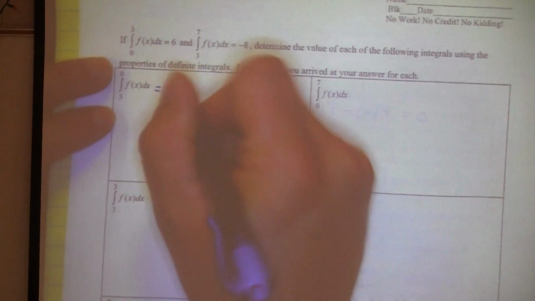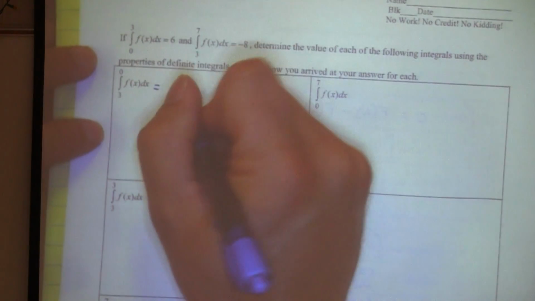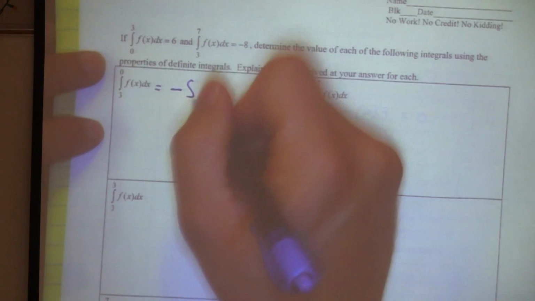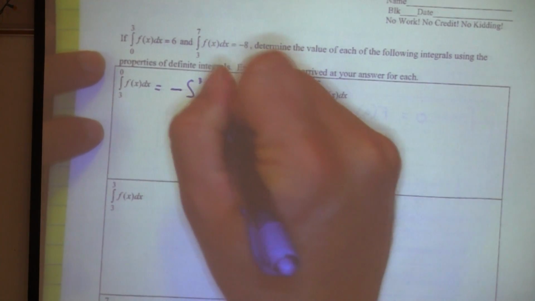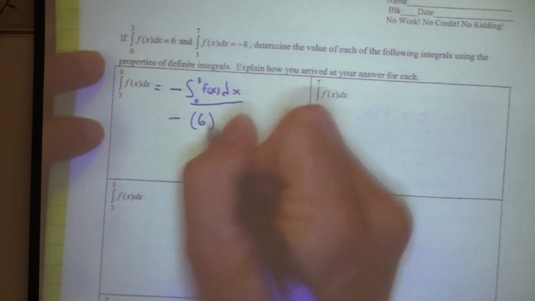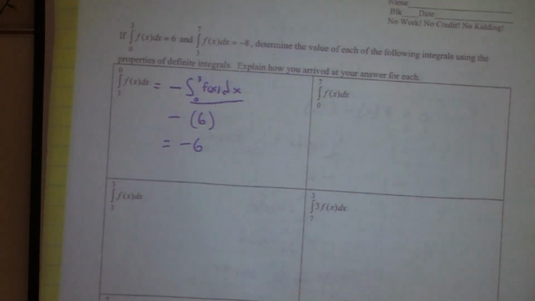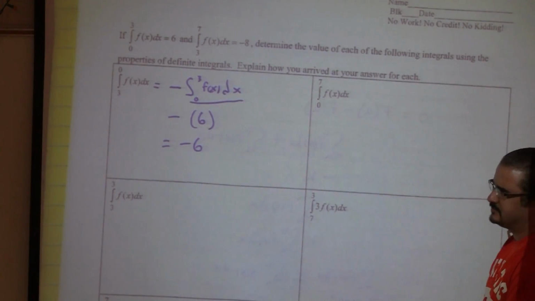So this is equivalent, right? This one's from 0 to 3, but they switched them, right? So it's the negative of 0 to 3 f of x, which we know this guy is what? 6, so my final answer is what? Negative 6. Cool?